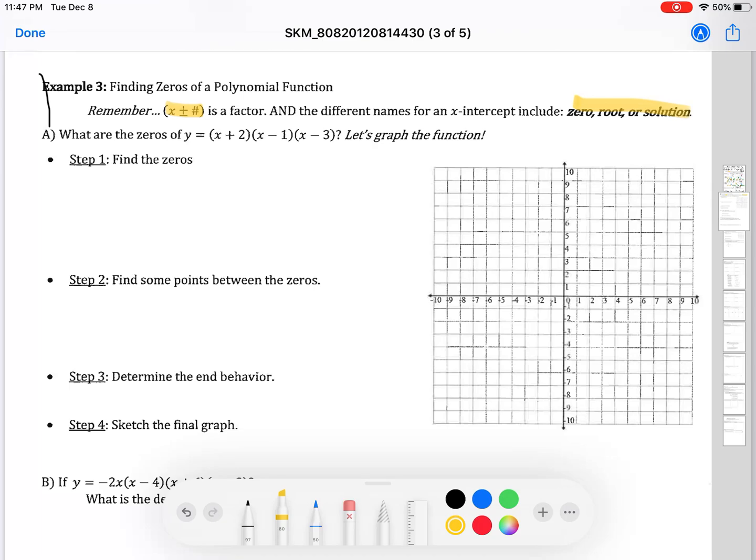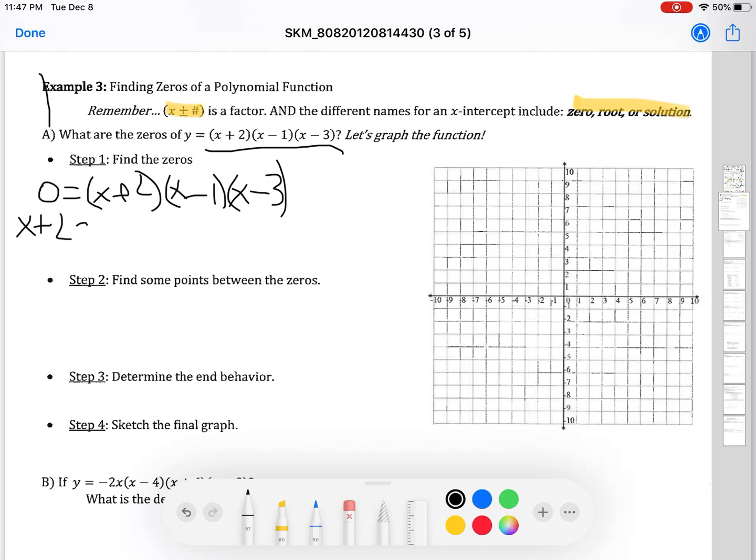What are the zeros of these 3 right here? What are the zeros of this, right? So remember, if I'm trying to find zeros, y has to be 0. So again, I could set that up for 3 separate equations.